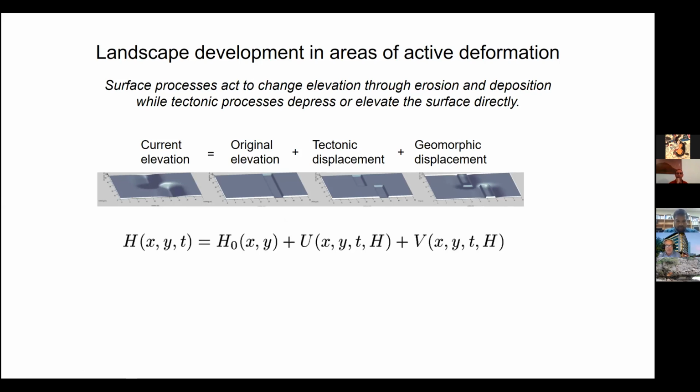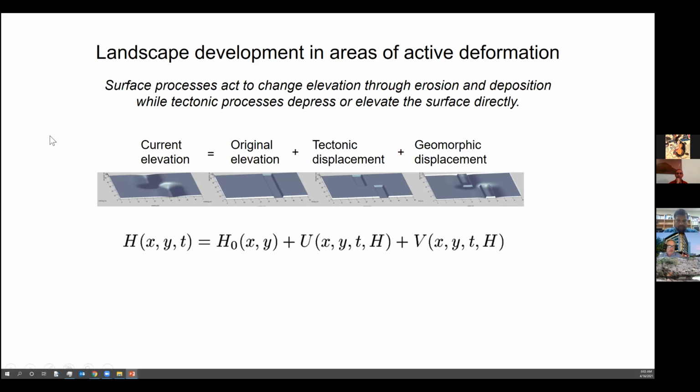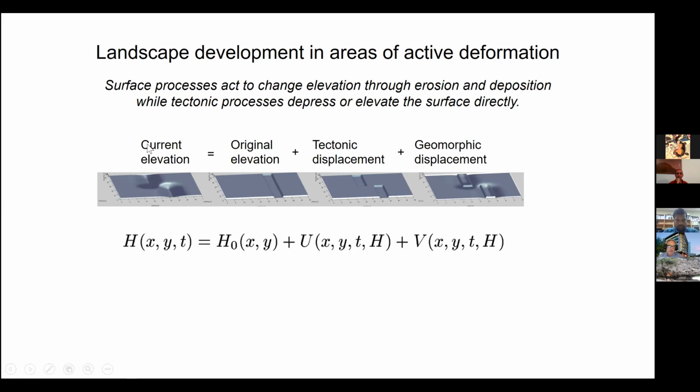I always like to start with this idea that comes when we look at topography, which might be this little model here, which is the current elevation. So the elevation as a function of space and time, we could take it apart and say it's equal to some elevation at a prior time, plus the tectonic displacements and the geomorphic ones. A lot of times for our work, what we really care about are the tectonic displacements. We're trying to understand them so that we can explain seismic hazard and understand faulting processes.